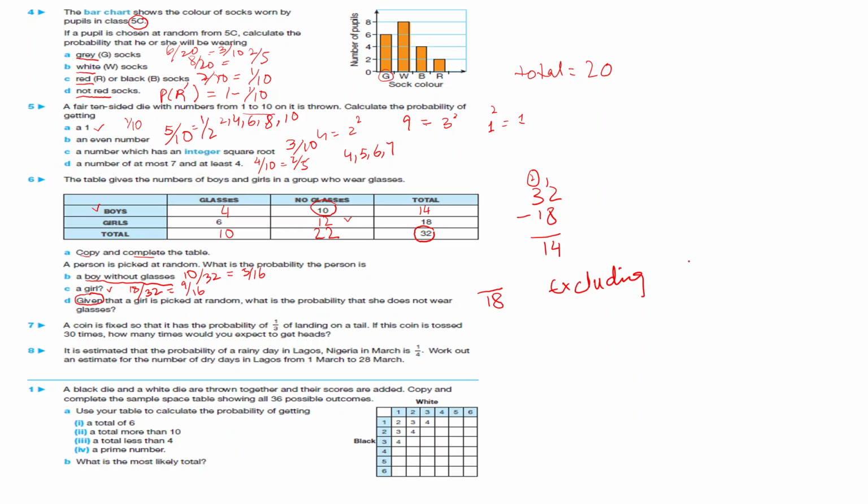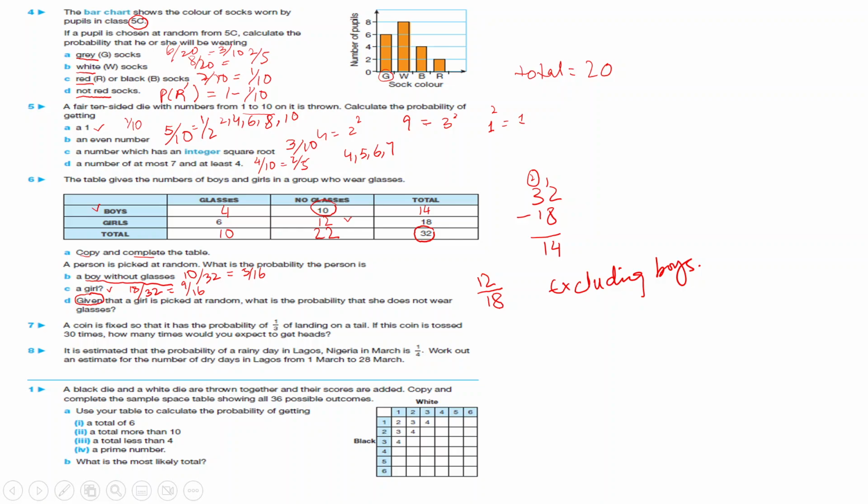You are not including boys, because you say that given that you are picking a girl, the total number of girls is 18. So this is called conditional probability. And the total number of girls without glasses is 12, right? So 12 out of 18 should be the answer for this question.